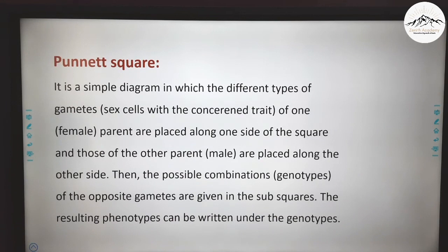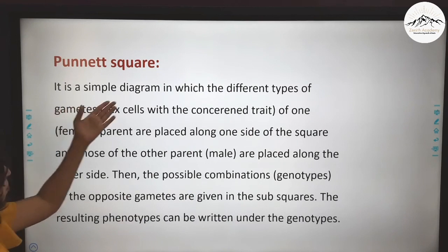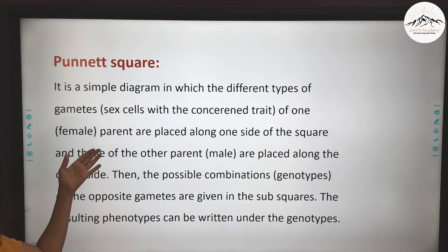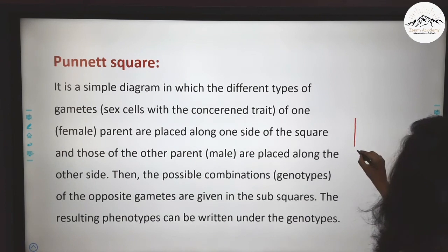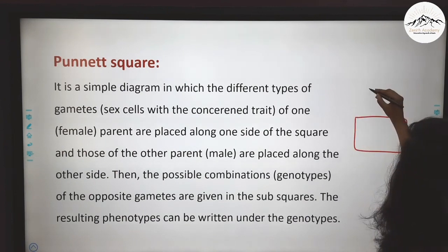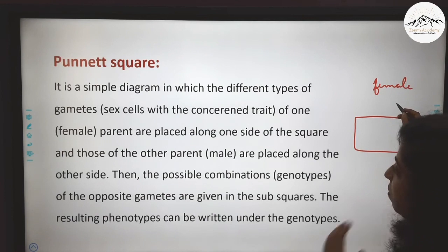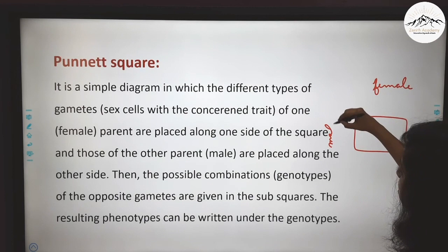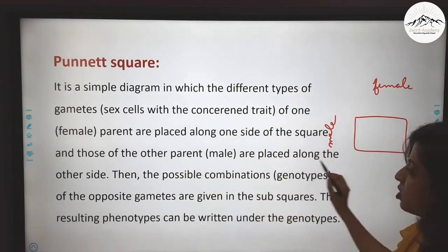So children, now let us study what a Punnett square is, because you will be told to draw a Punnett square in your exam. It is a simple diagram in which different types of gametes with the constant trait of one female parent are placed along one side of a square. So if you draw a square like this, the one parent, that is maybe female, is here, and those of the other parent, that is male, are placed along the other side.